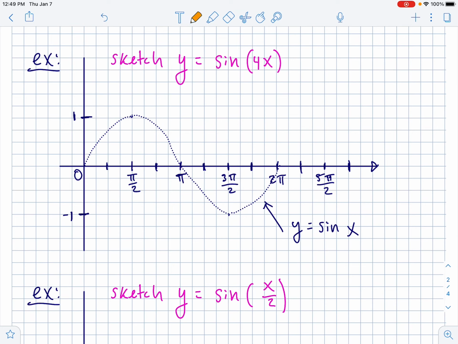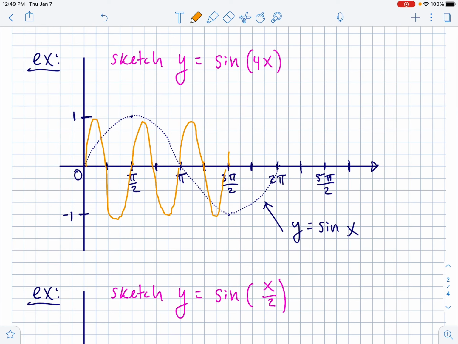If there were going to be 4 of them, you'd see a full one from 0 to pi over 2, and then another full one, and another.